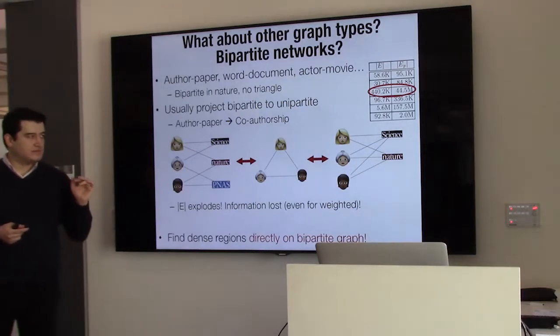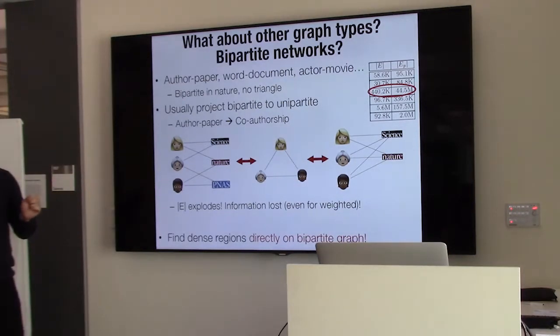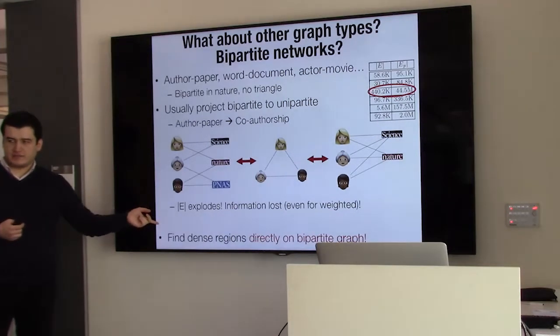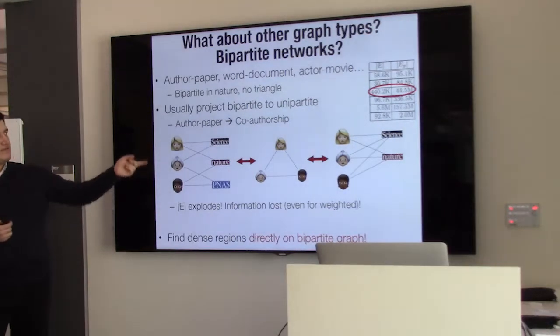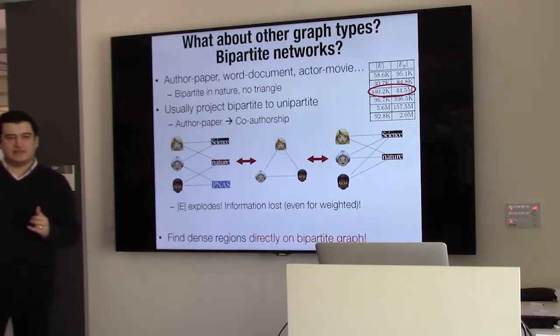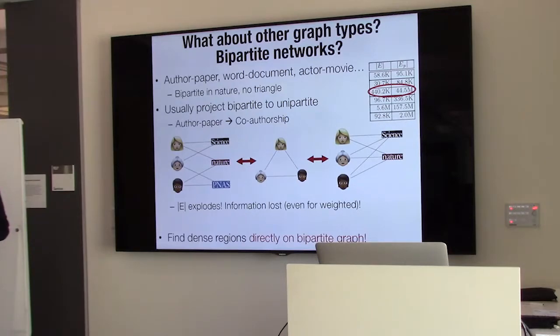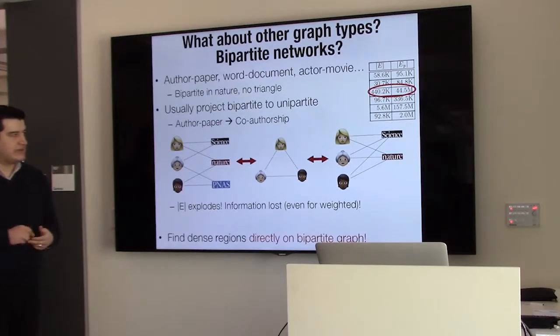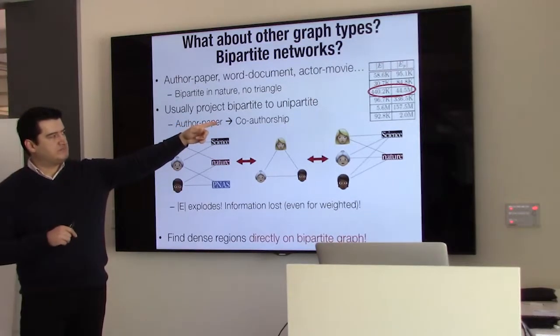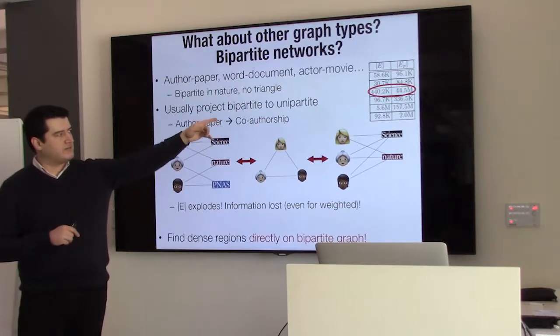But one very important thing, if you go to scale, is that the number of edges just explodes in that case. And the reason is, for every paper with d authors, you create a d-clique in the graph. And that cannot be affordable at large scale. We observe up to 100 times increase in the number of edges.